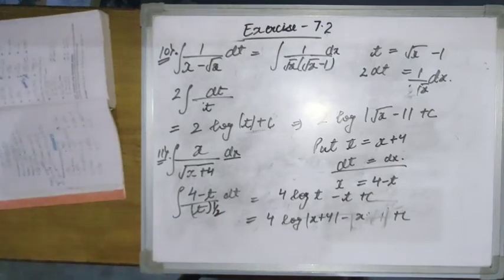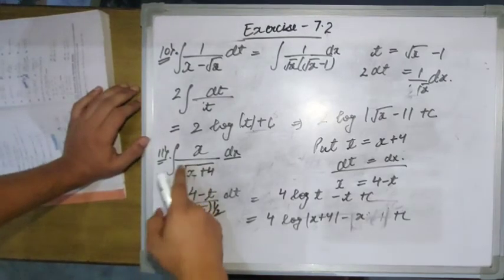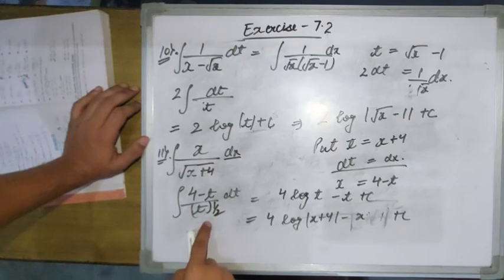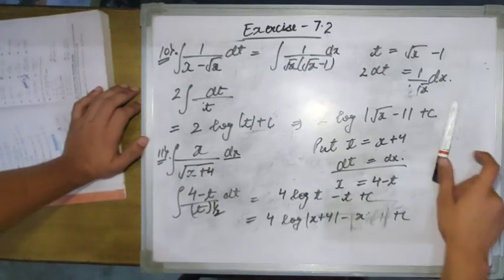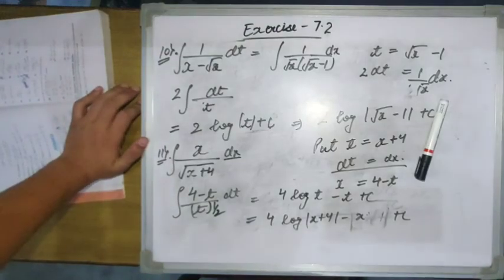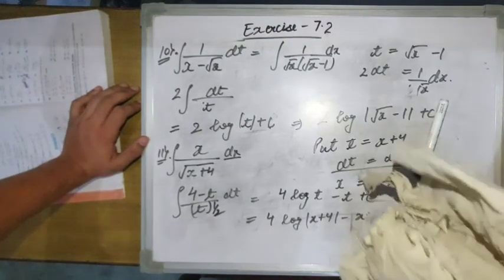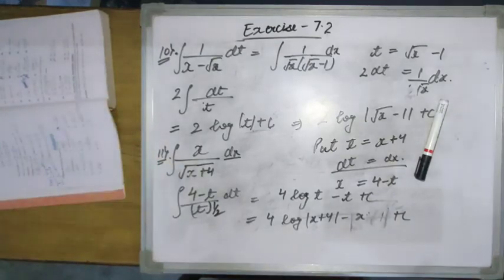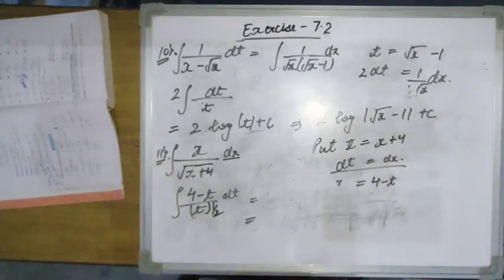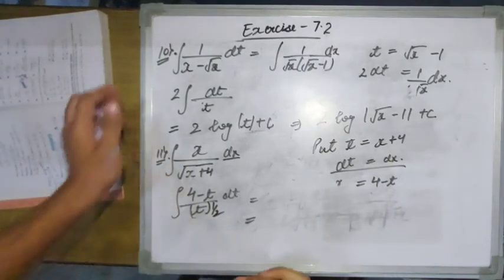I forgot to write down the power of t. The power of t here is 1 upon 2. I need to erase this. Pause the video. I am separating the denominator.